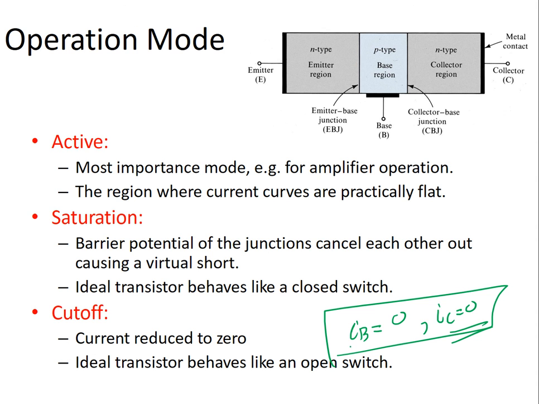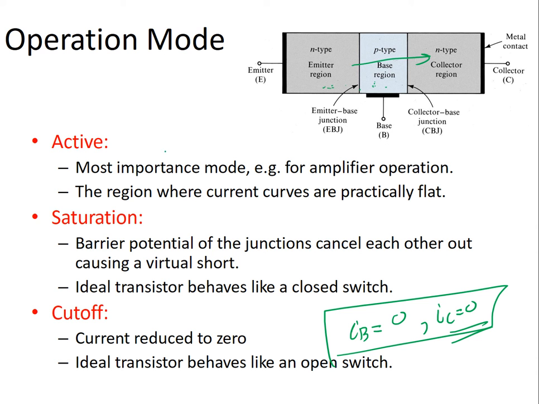We get the collector current due to the base current. Once the junction is broken due to the forward bias operation, the flow of current will start. If the emitter base junction is not forward biased in an NPN transistor, there will be no flow of current.